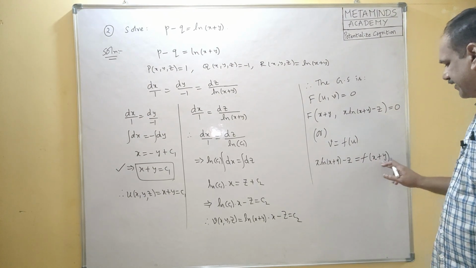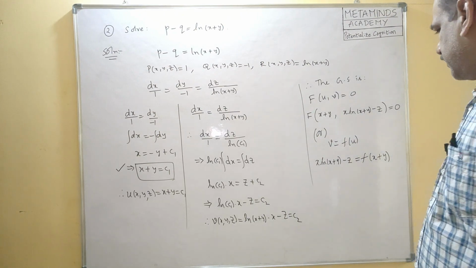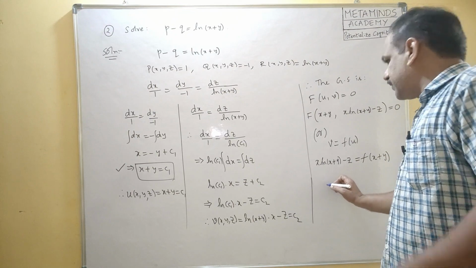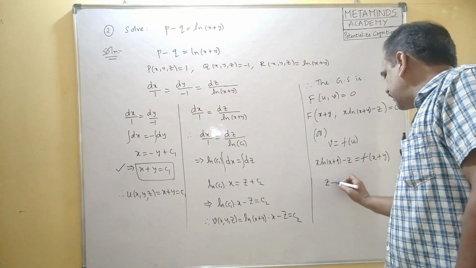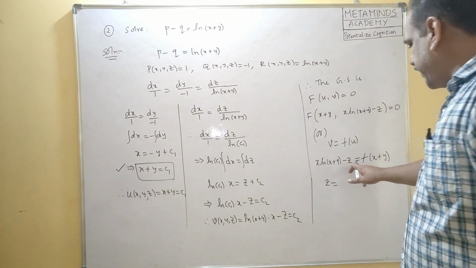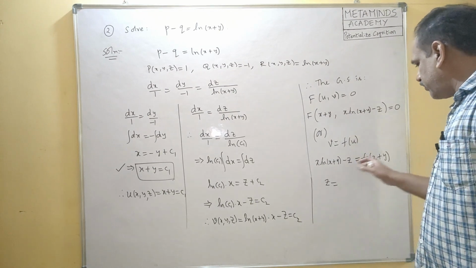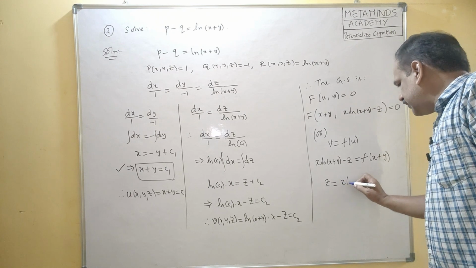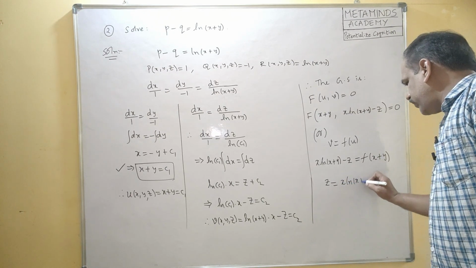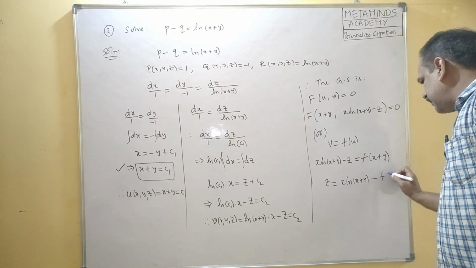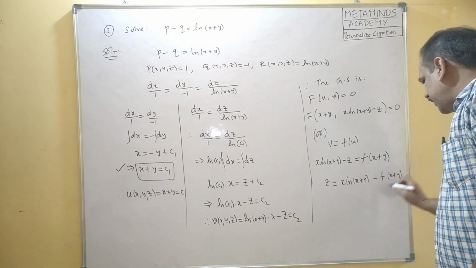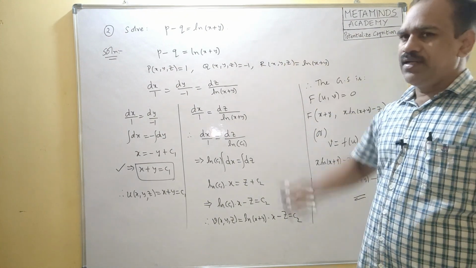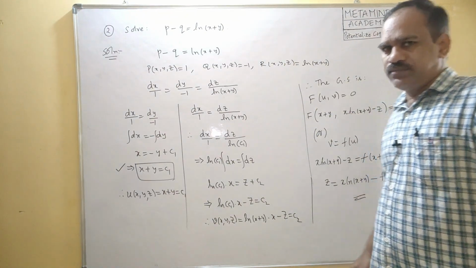What is u? u is x + y. Or you can also write, because solving a partial differential equation, or any differential equation, is obtaining the dependent variable z, here we are able to obtain it directly, explicitly: z = x ln(x + y) − f(x + y). So that is the general solution of the given differential equation. Okay.